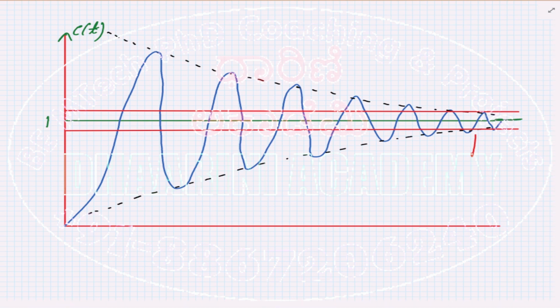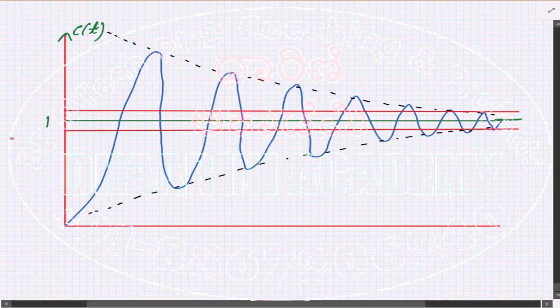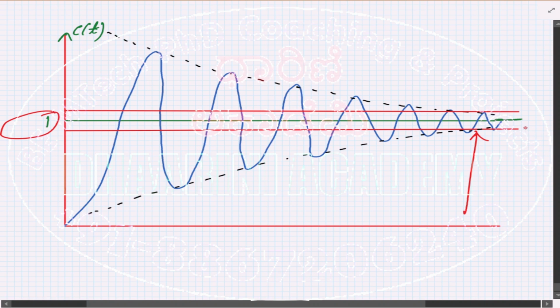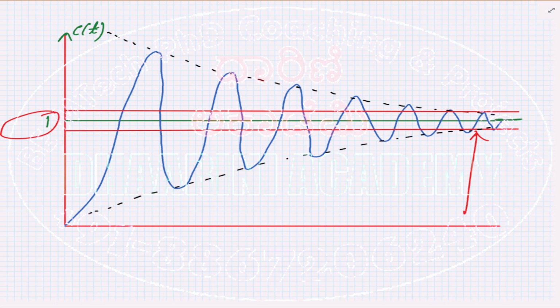If this happens, the actual design engineers will consider such a point on the time axis as, okay, the system has reached, or the system is giving you the approximate desired output. So you can say that output becomes equal to 1 at this point. After this it is definitely oscillatory, but you can see that it's within the tolerance band.